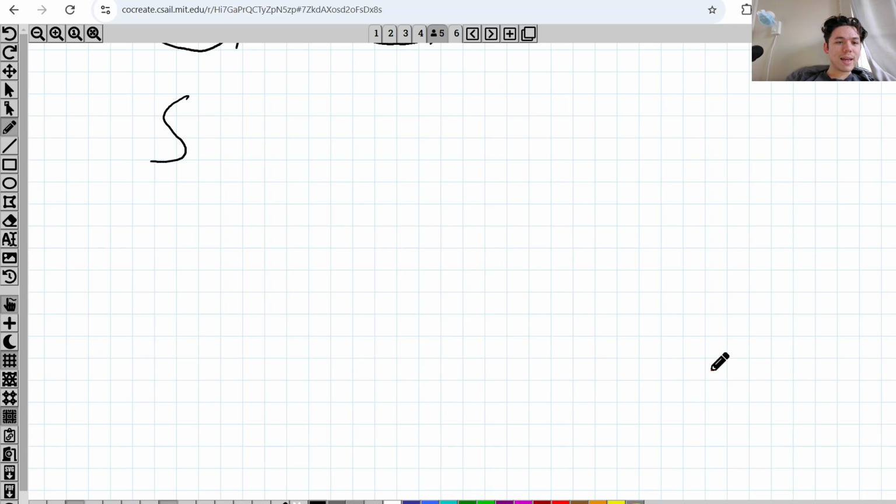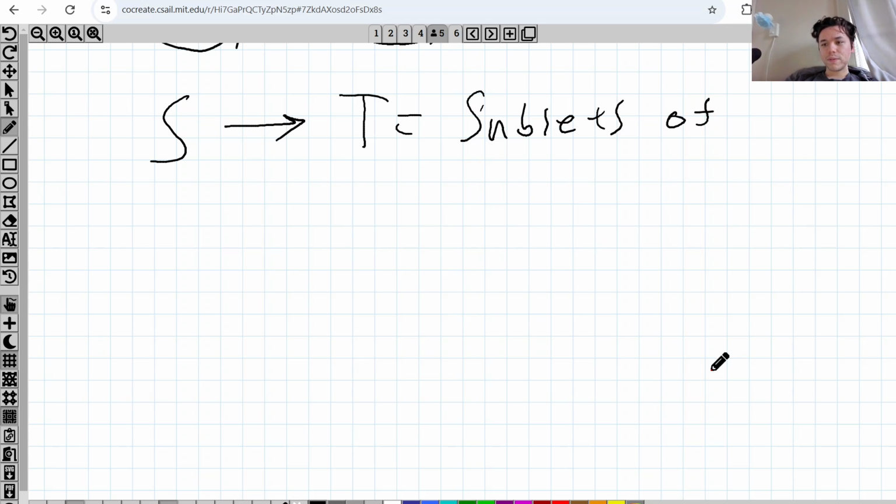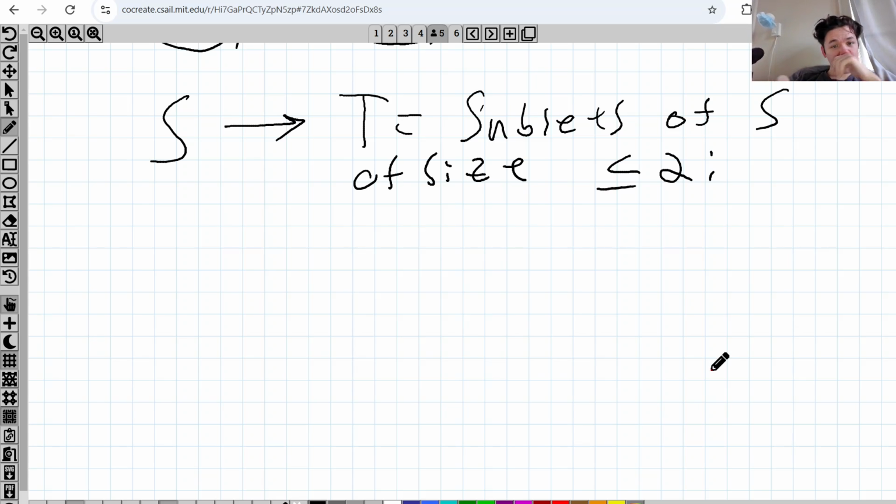Say I have a set S, I'm going to go to, instead, the set T, which is subsets of S of size less than or equal to 2. And here's what I'm going to do: I'm going to start with S, and I'm going to ask, well, how do I get more elements?